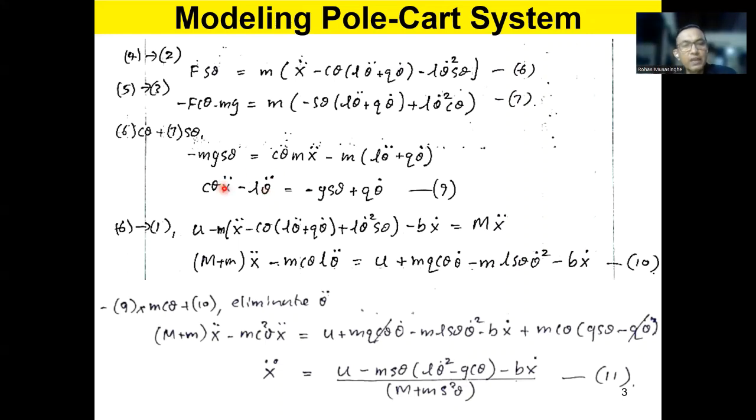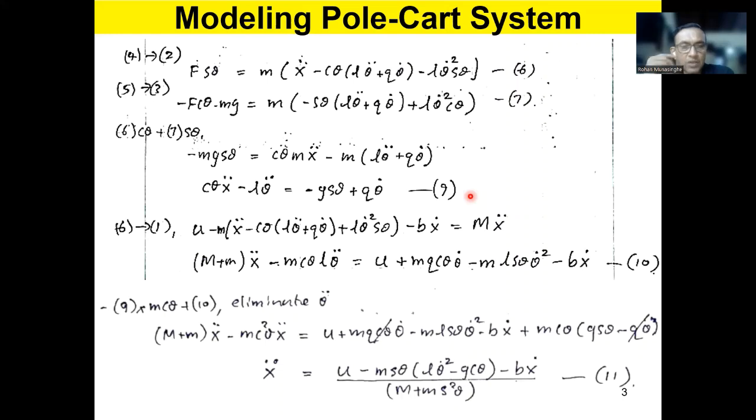So we take the x double dot term and theta double dot term to the left hand side and bring all the other terms to the right hand side, and we have equation number 9. Okay. So this is one of the major equations of the pole cart system, where you have x double dot and theta double dot on the left hand side.